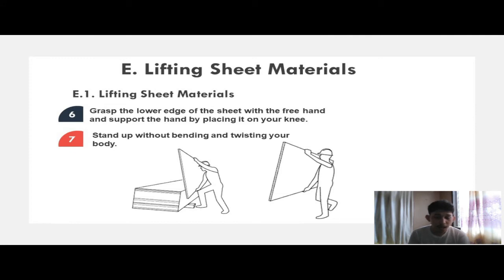So your knee will serve as a support to balance and to be able to carry the sheet. The next thing is to stand up without bending and twisting your body. In this part, you can now transfer the sheet material from one point to another.